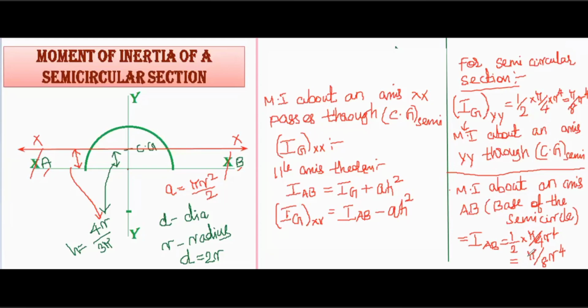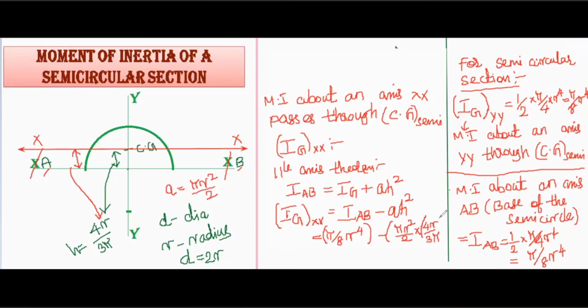Here IAB we calculated as pi by 8 r power 4, minus the area of the semicircle, pi r square divided by 2, multiplied with h, the distance between these two axes, that is 4 r by 3 pi, the whole square.